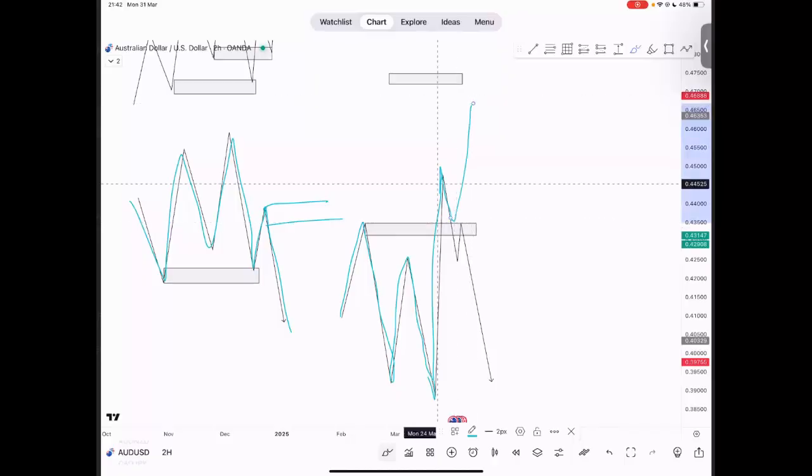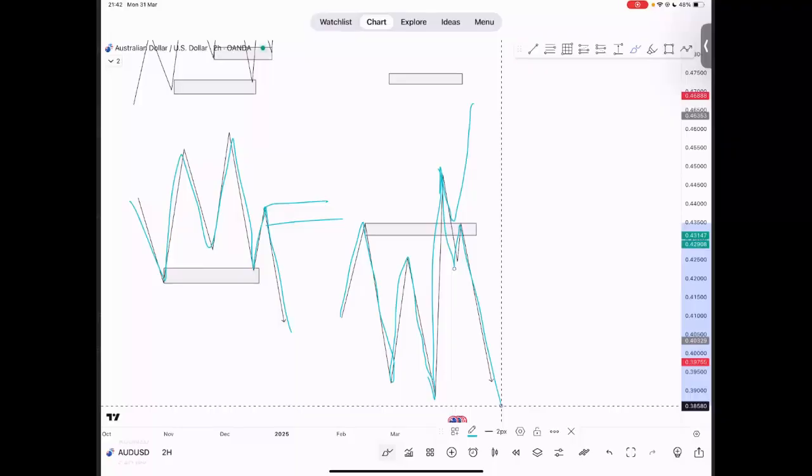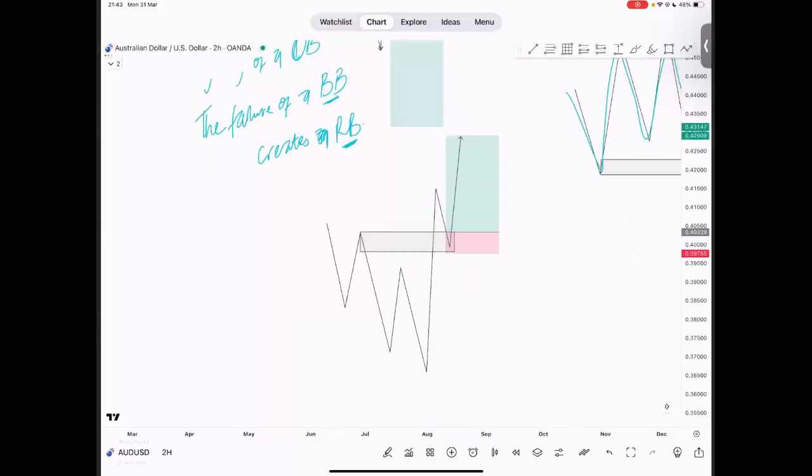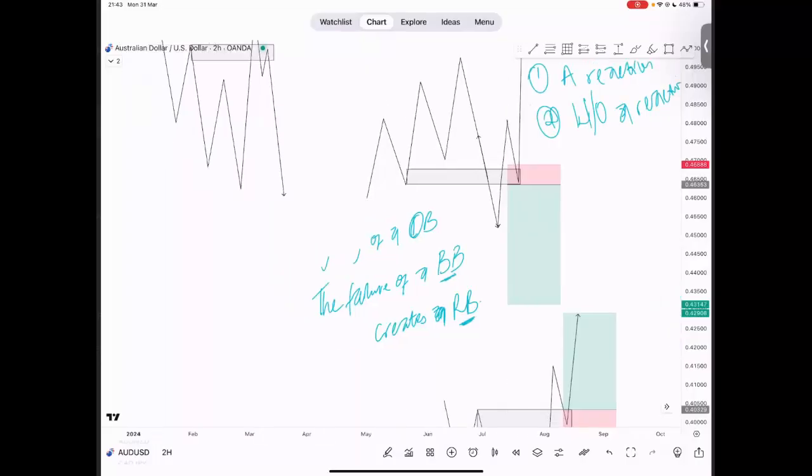And price takes it out by selling to the downside, right? And what does this form? This forms a bearish reclaimed block, right? The same thing here as well. This is a bullish breaker block. Failure of an order block with no reaction to it creates a bullish breaker block, right?